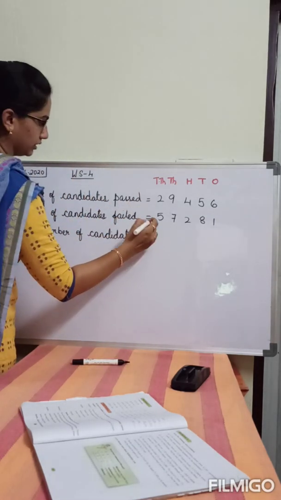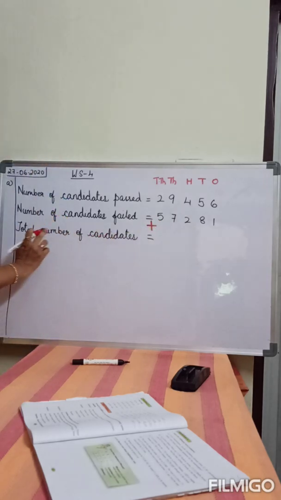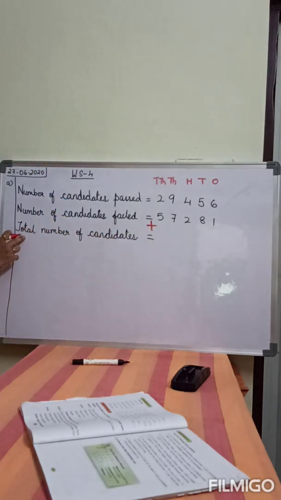Why plus symbol? Because we are adding. Why addition? Because it says we have to find out the total number of candidates that appeared.